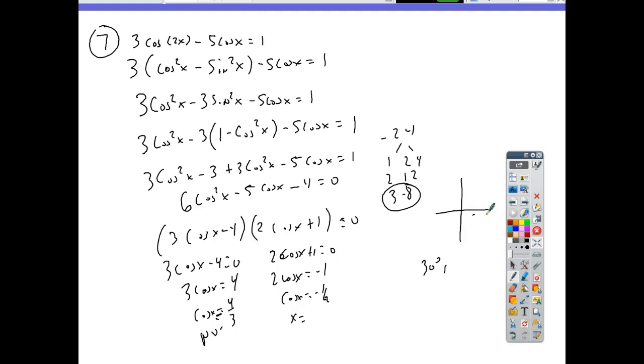So anywhere but the first and the fourth. So here and here is where it's going to be true. So this is going to be 30 degrees, and this is going to be 30 degrees as well. So 150 degrees. And 210 degrees. Love it. And then you read the question.